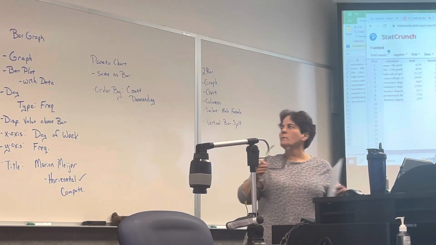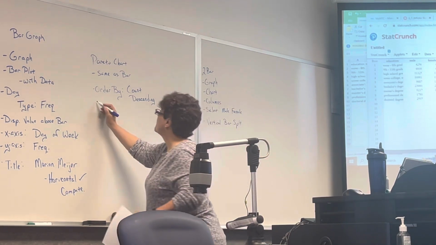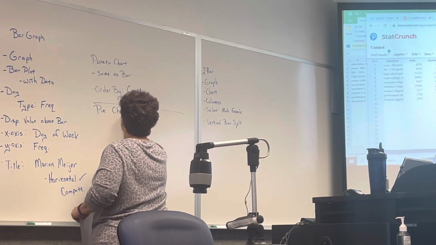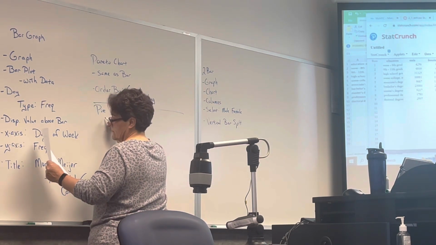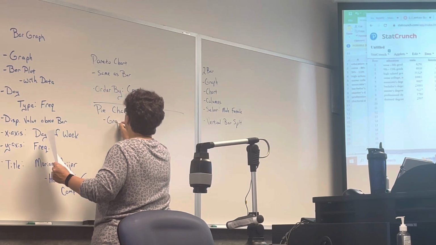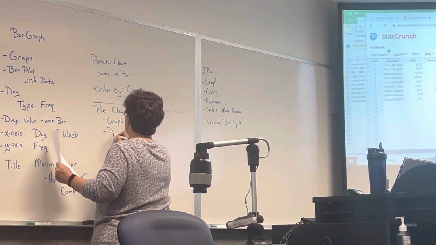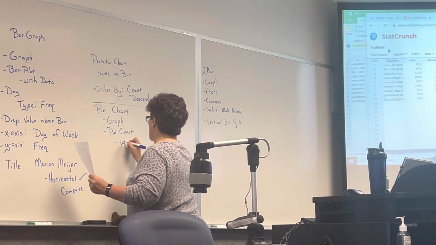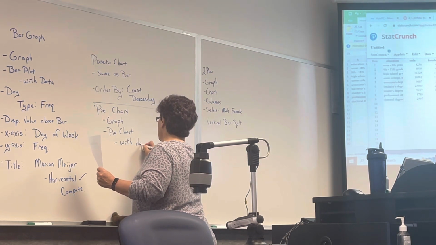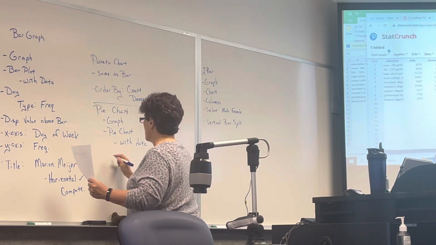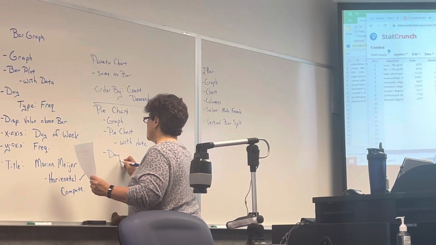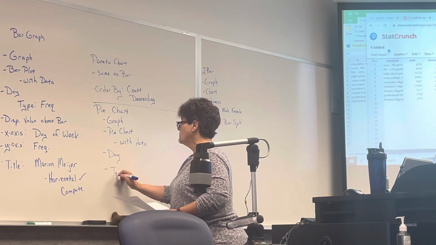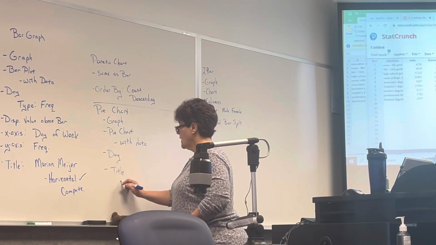And then the commands for a pie chart. Is graph, pie chart, with data. You're going to select which column, because we're going back to that type of frequency. We've got to give it a title and compute.